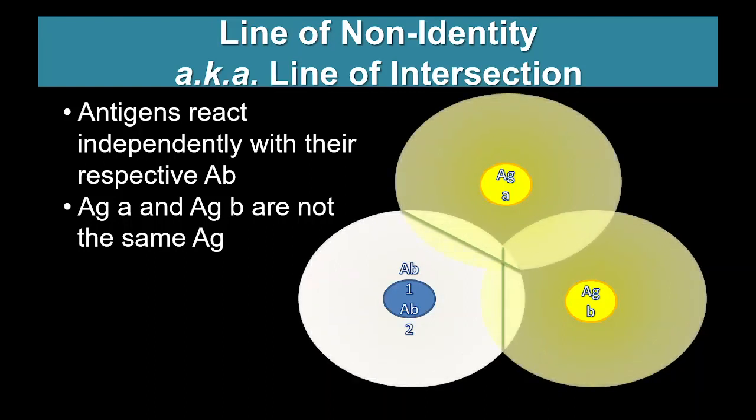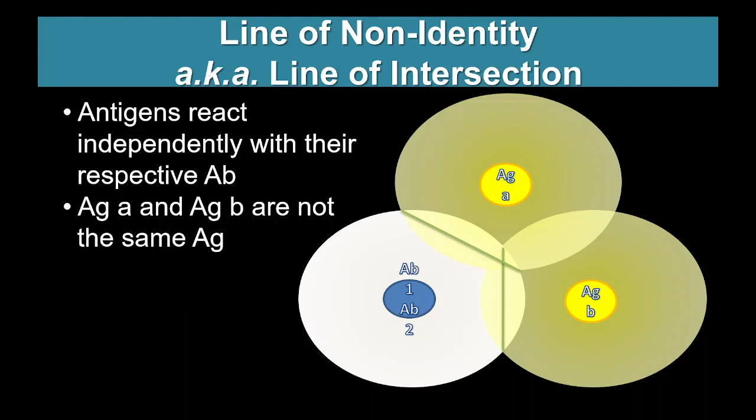In this reaction, we can find that two precipitin bands or two precipitin lines have intersected each other. This means that the antigens react independently with their respective antibodies. In our assumption, antigen A and antibody 1 are specific for one another.